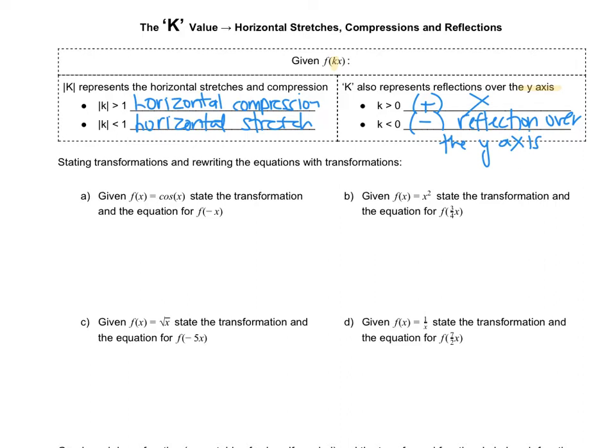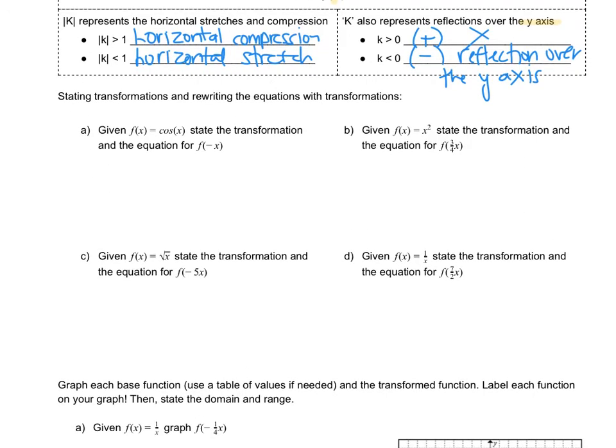So all of these horizontal transformations, they are inside the function, inside the bracket, and they affect your x coordinates. So let's go ahead and start off with communicating transformations and setting up equations. So the first function we have is cos x, and the equation is f at negative x. So think again about your function notation. Negative x is inside the bracket, so I'm going to replace x with negative x.